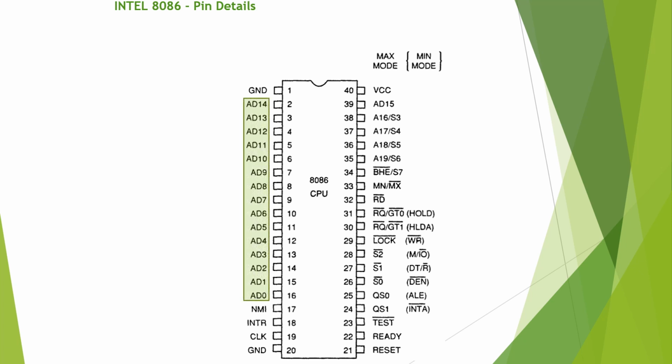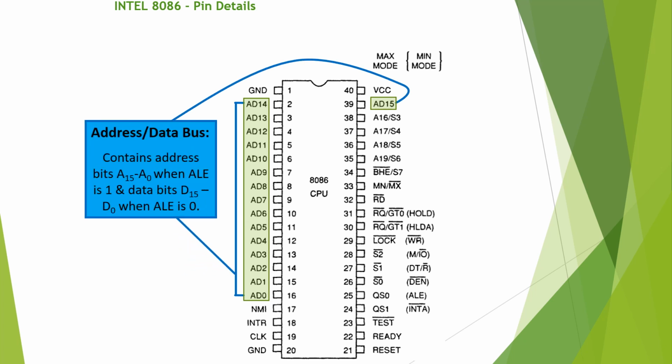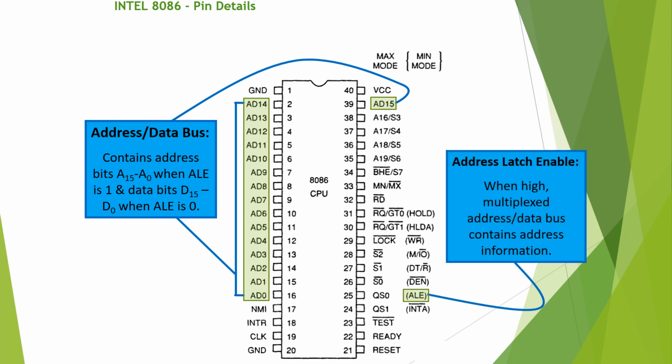Here we are highlighting the multiplexed address and data lines. The 8086 has 16 bits of data lines and 20 bits of address. The other pin, ALE, stands for the address latch enable pin.